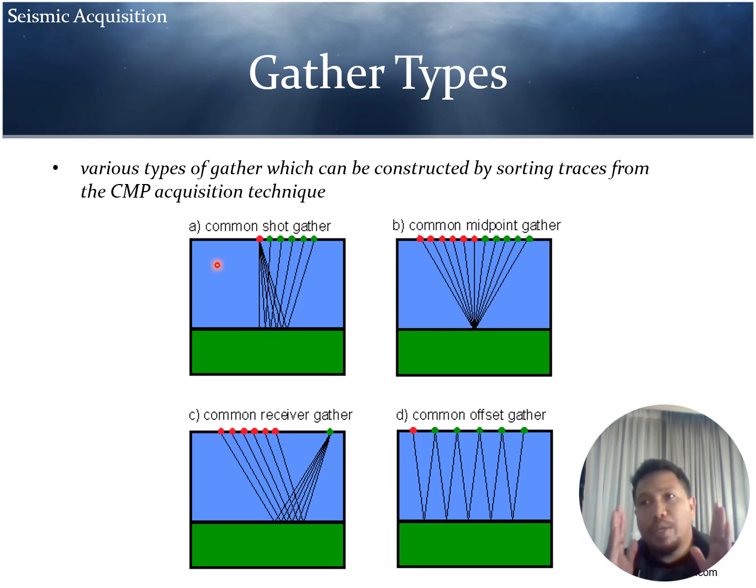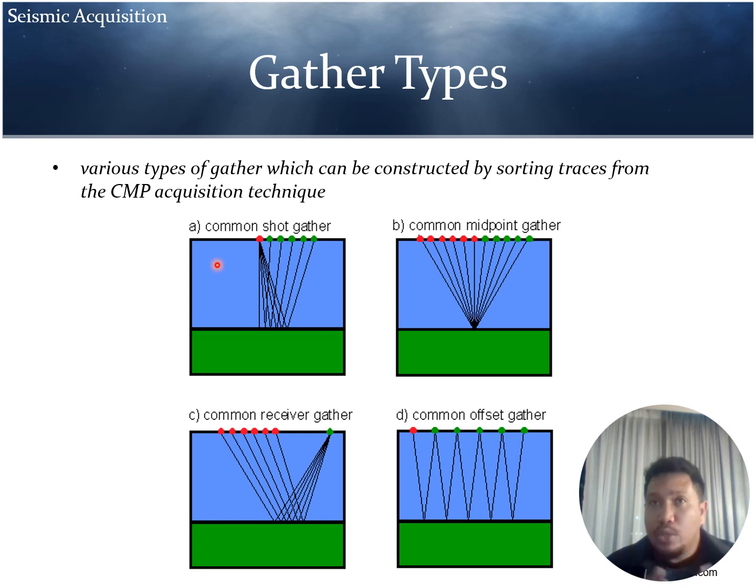So let's say we pick the offset of 5 meters, meaning that S1 with geophone number 1, S2 with geophone number 2, S3 with geophone number 3.